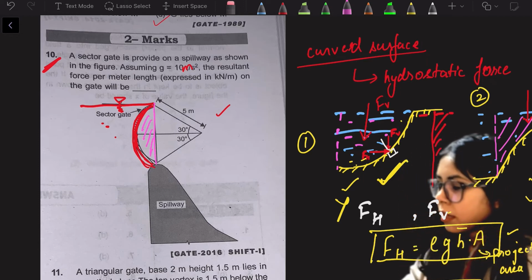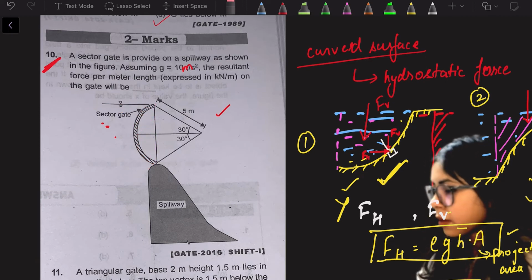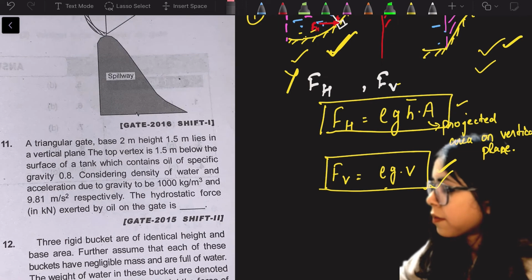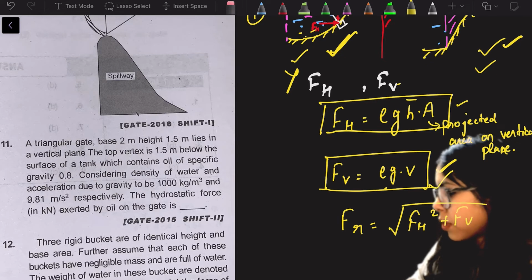Now if I want to calculate the total force, here they are asking me the resultant force. So resultant force, here I can say Fr is nothing but under root Fh square plus Fv square.